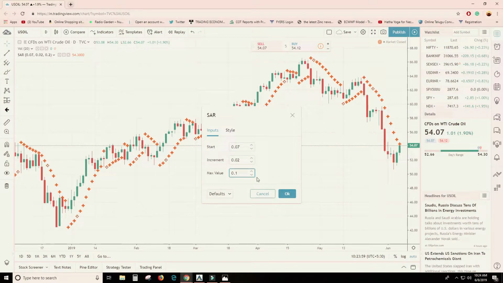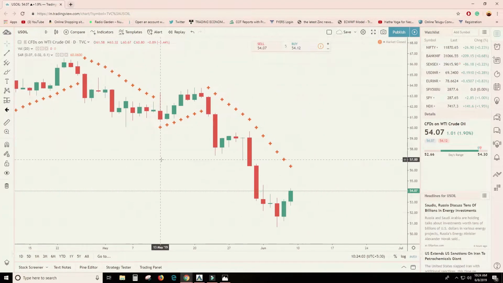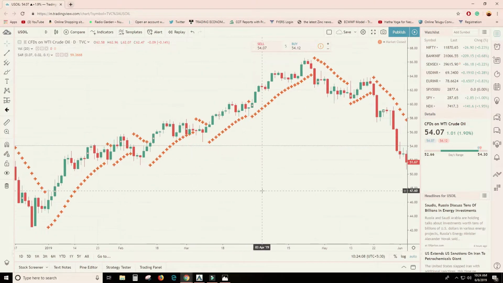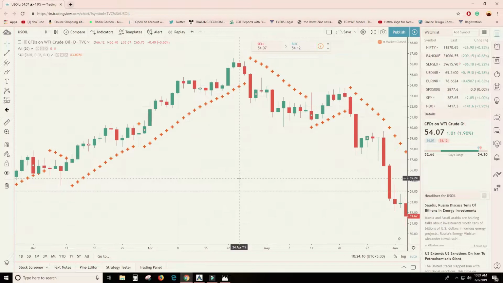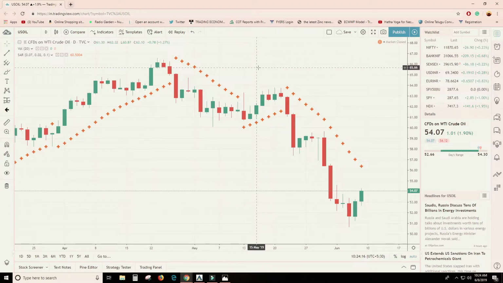So now I got this kind of setting. This is the overall setting of my daily chart with the parabolic SAR according to my settings.